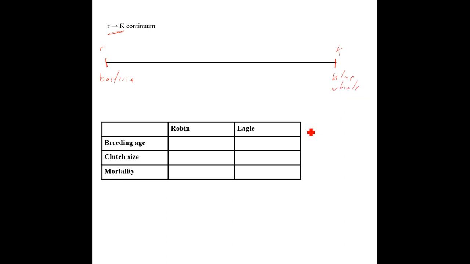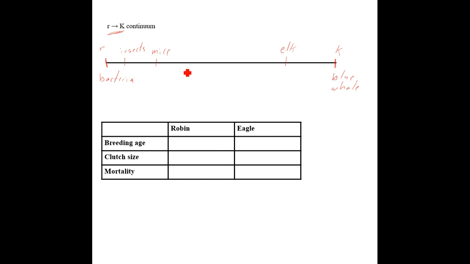And everything else somewhere in between. So maybe, I mentioned elk, maybe we can stick elk in here somewhere. Mentioned mice, maybe we would stick mice way over here somewhere. Mentioned insects, maybe we can stick the insects, and again, this is really kind of general, over here somewhere as well.